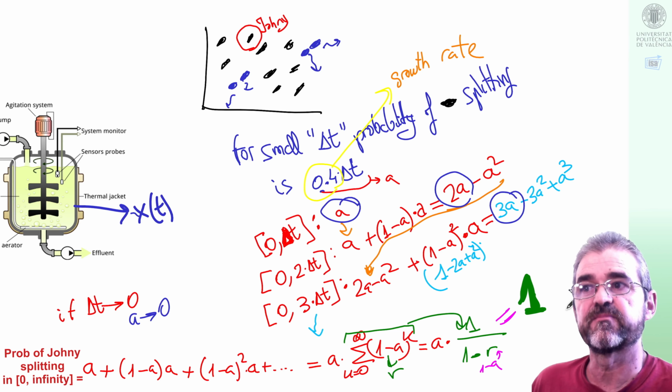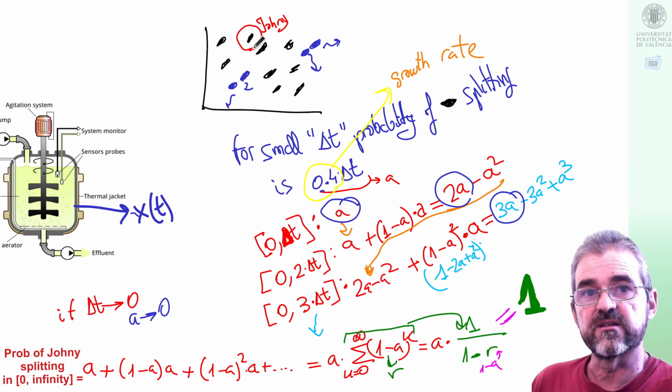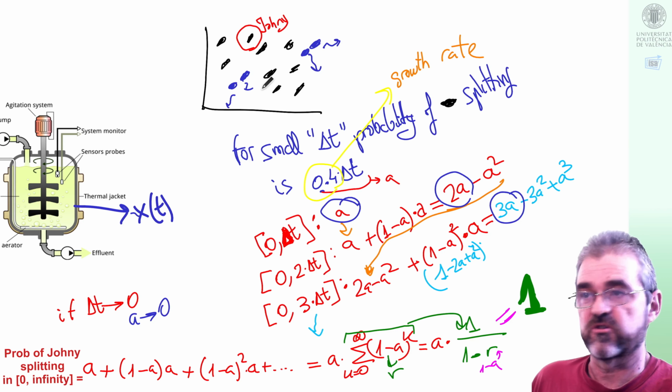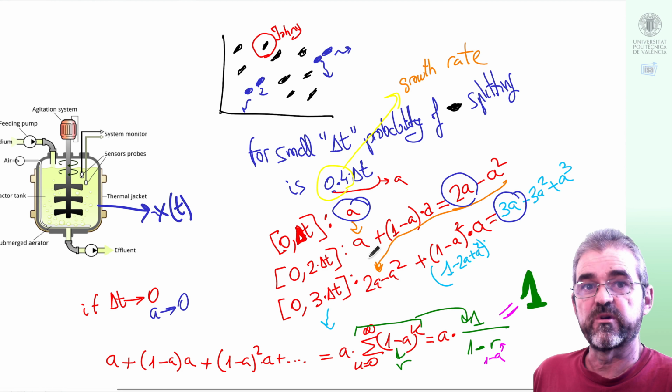Because now the thing is that this is what happened to our friend Johnny there, just counting how long it takes to ultimately divide. But now let us consider Johnny and his billion siblings in here. Then when billions of random phenomena occur, we will observe just the average behavior.